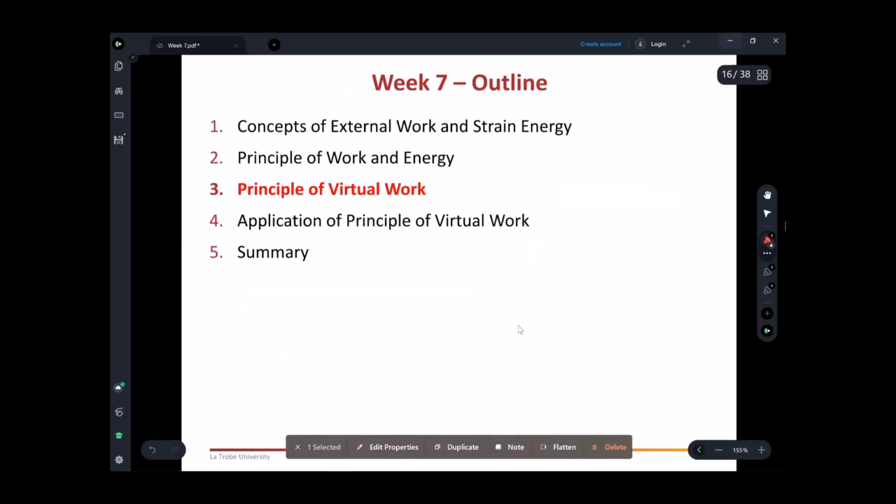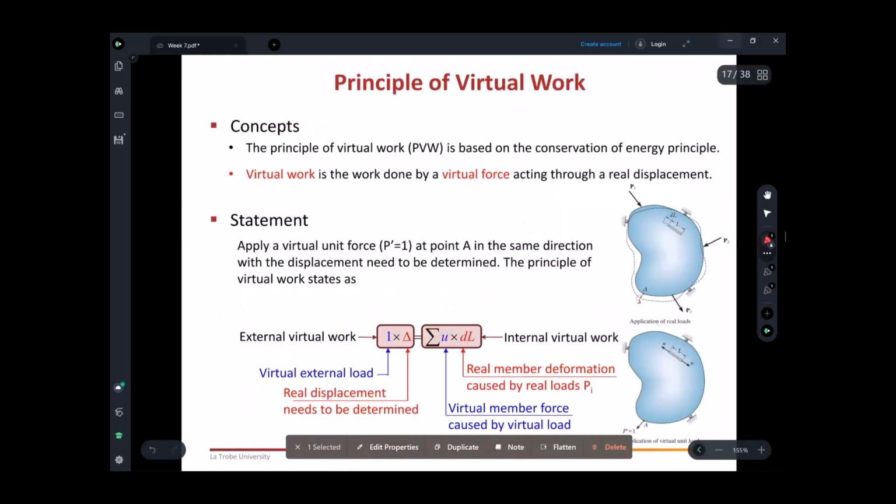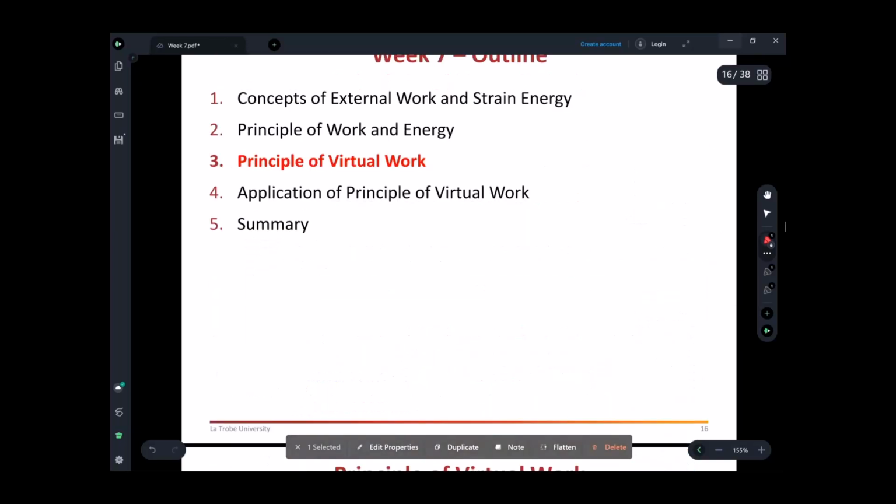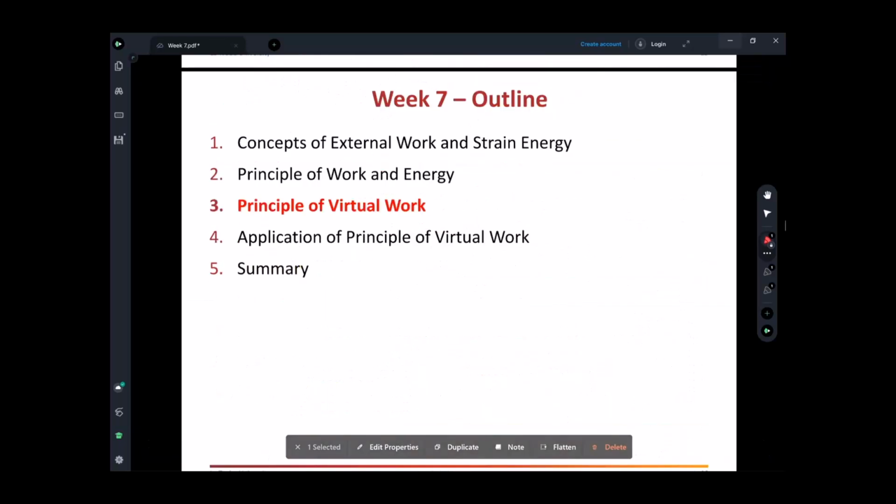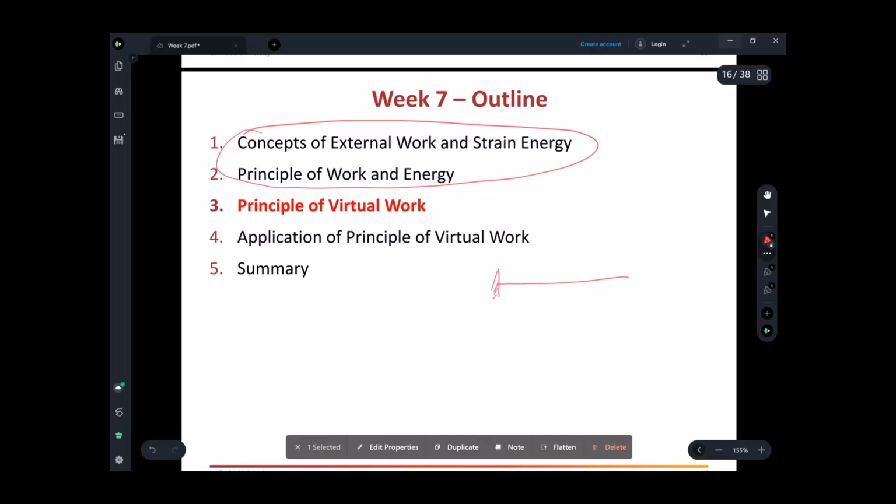Now we have a problem. What's the problem? In the previous methods, meaning in here, the problem is that when I apply the load, I can find the displacement delta at the point where I am applying the load.